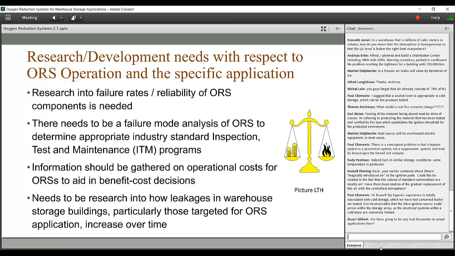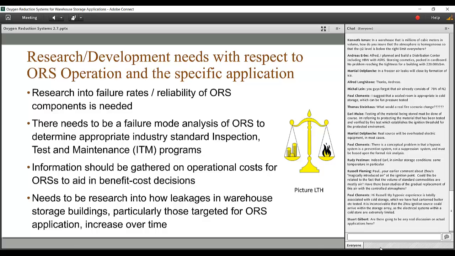Then, if we look into research and development needs with respect to the reduced oxygen (RO) operation and the specific application of warehouses, much more data is needed, and that has to be built up historically, on failure rates, reliability, and so on of the different components.